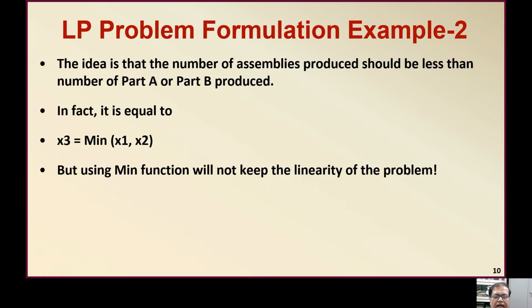The idea is that the number of assemblies produced should be less than the number of part A or part B produced. So in fact x3 would be equal to the minimum of x1 and x2. What is x3? x3 is the number of assemblies produced. So x3 will be the minimum of x1 and x2.